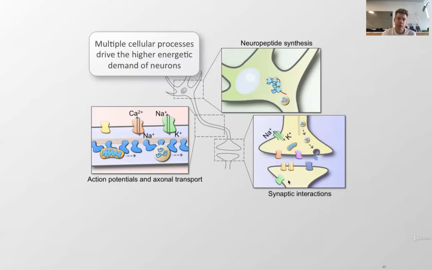There are synaptic interactions, so you have synaptic pruning and reformation throughout the life course of an organism. So you have these relatively large structural changes that occur over time. But of course, neurons depolarize and repolarize again and again and again, and this is a highly energetically costly process.